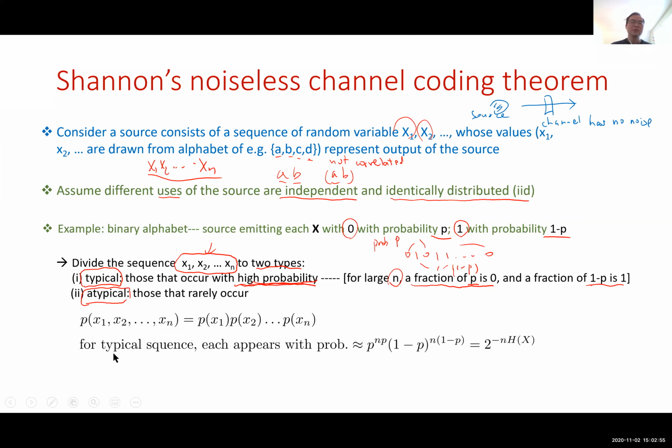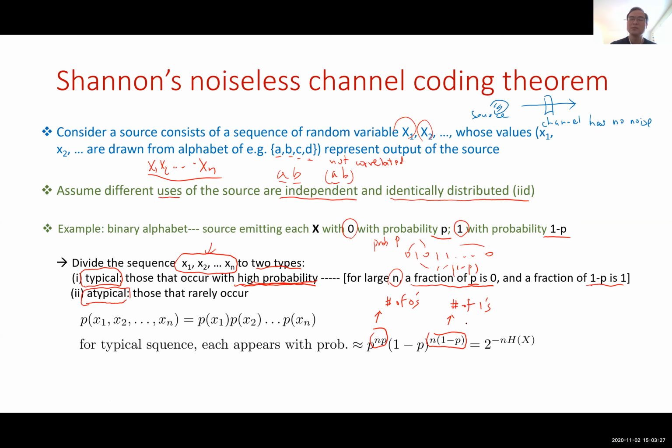And we can see for a typical sequence, 0 appears with probability p, and there are an average of np zeros. And 1 appears with probability 1 minus p, and there are n times 1 minus p of those 1s.